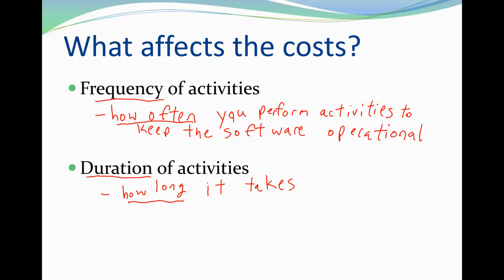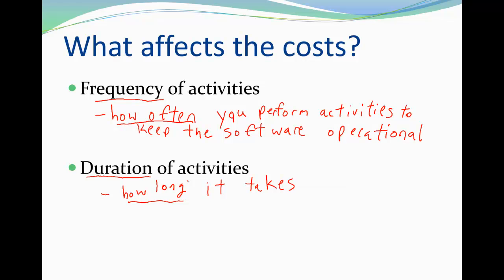For example, if you're having critical defects every day, obviously that's too often. Or even if the defects aren't critical, it could be a nuisance, but if it takes a month to fix one defect, then that's too long.